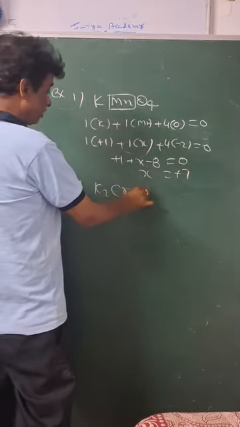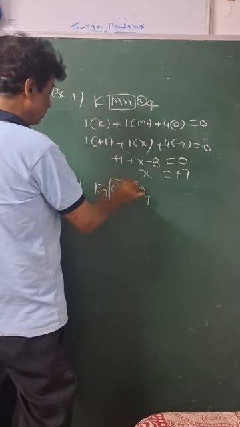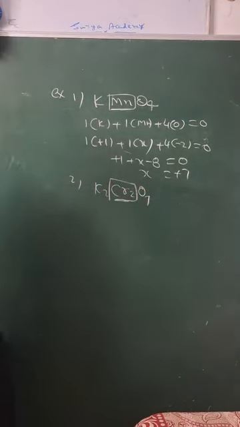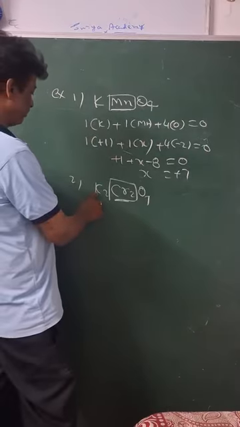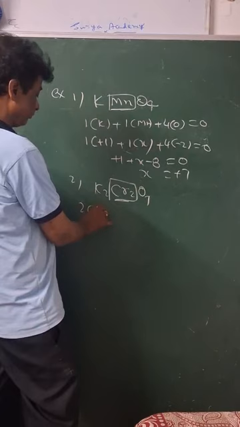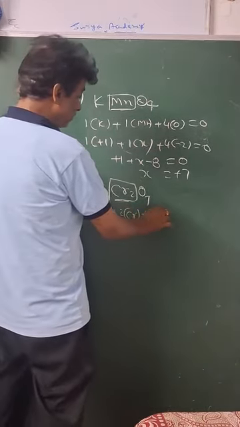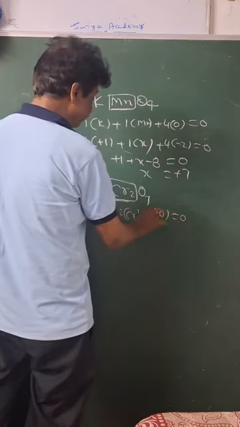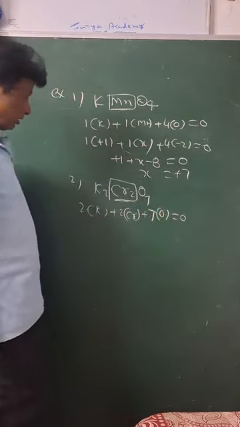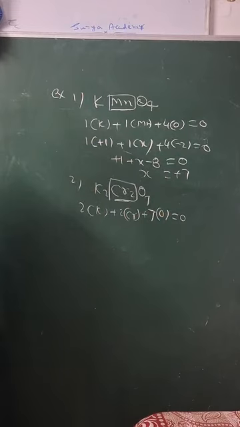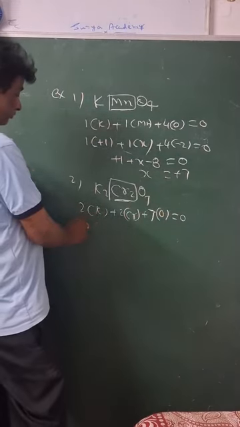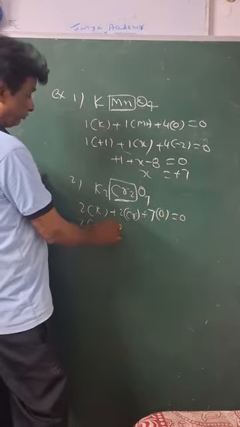K2Cr2O7. What is the oxidation number of chromium? Potassium dichromate. How many potassiums here? 2 potassiums. How many chromiums? 2 chromiums. 7 oxygens. The charge is 0. Potassium is an alkali metal, so it shows plus 1.